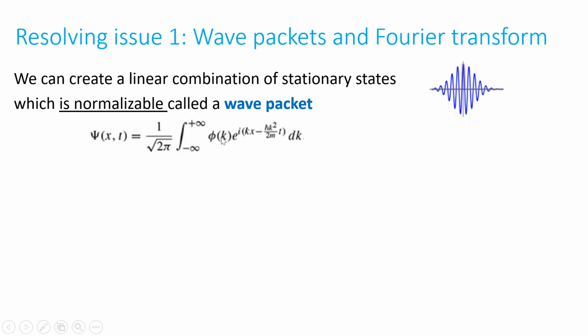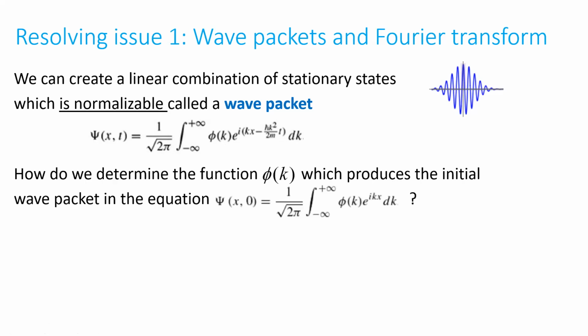This factor of 1 over square root of 2 pi is just here to make the formulas come out a little neater, as you'll see in a second. We weight each by phi k, and then we add them all up. So phi k tells us how much weight we put on a given stationary state with wave number k. Okay, so the question becomes, how the heck do we determine this function phi k?